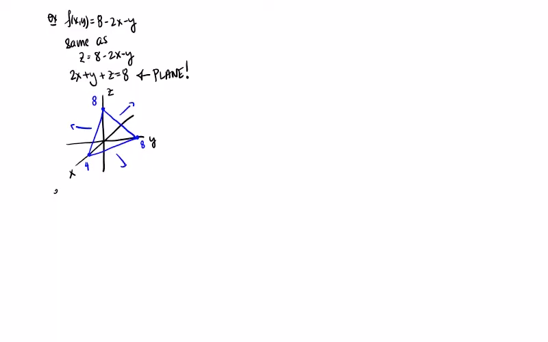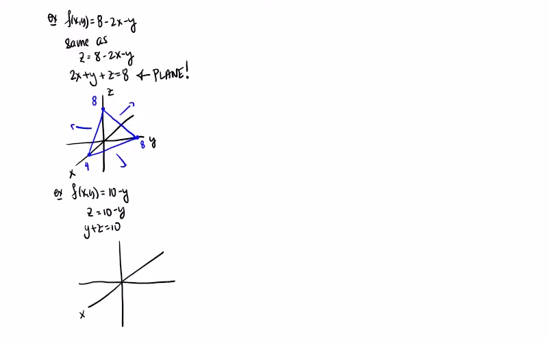All right, we'll do a few more. Let's do another plane. This actually makes a good point about something. Something like f of xy equals, say, 10 minus y. So you might say, where's the x? Okay. So this is the same as z equals 10 minus y, which is the same as y plus z equals 10. And this is one of those planes that extends in the x direction, because x could be anything.